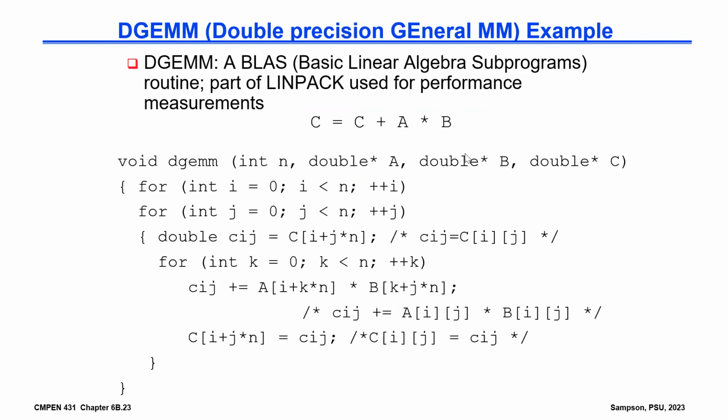Yes. But ultimately, we're computing the following. This is sort of what a LINPACK version of a matrix multiplication would look like. So C is C plus A times B, where C, A, and B are matrices. In particular, matrices of double precision floating point, because in the supercomputing world, that's really what we care about. If you like integers, you're welcome to like integers, but that's not what they're measuring. Okay.